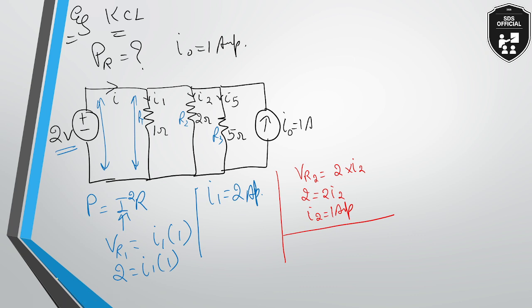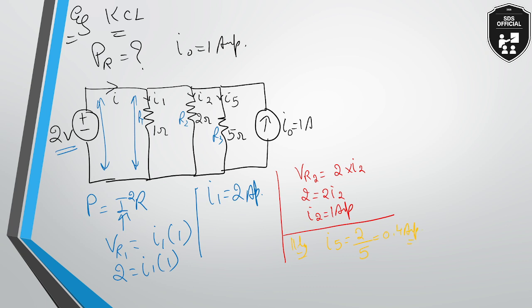Any doubt? Similarly, I5 will be V upon R. If you solve it, it will be 0.4 ampere.